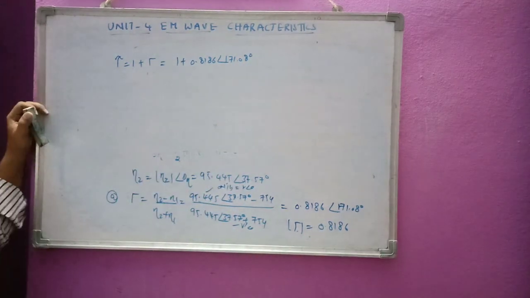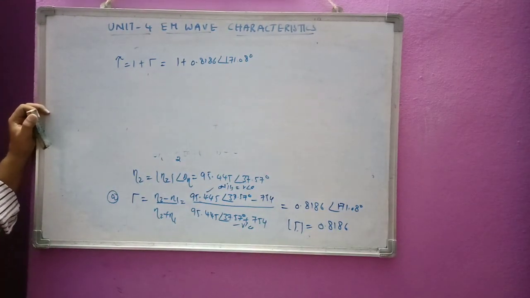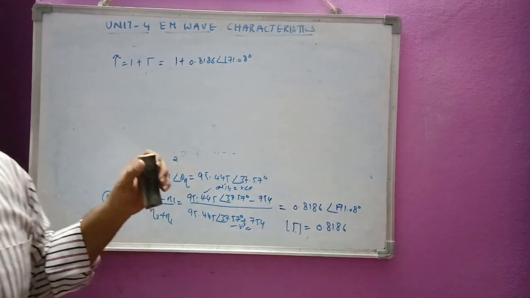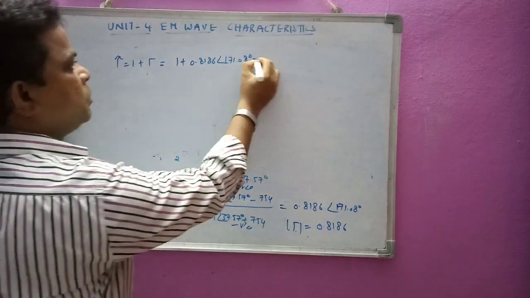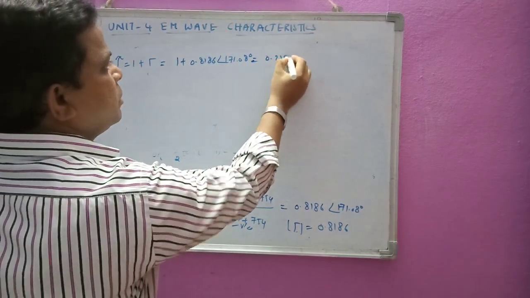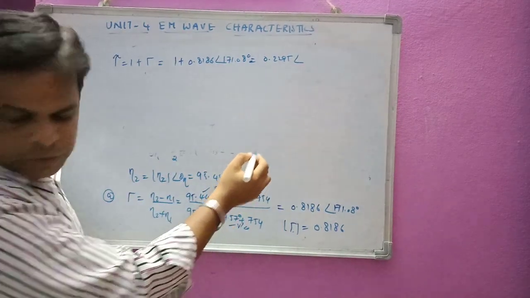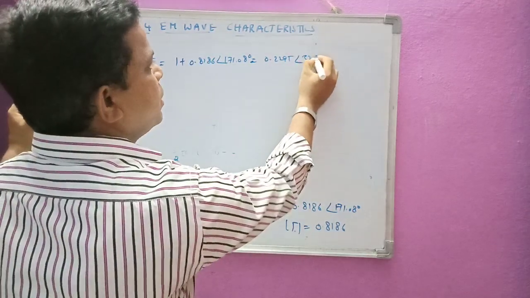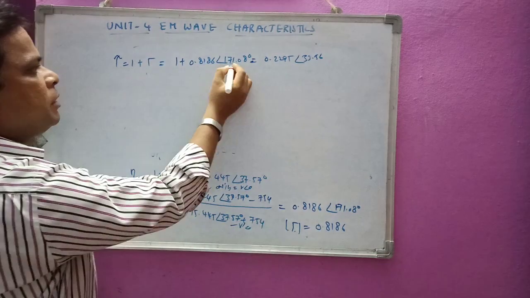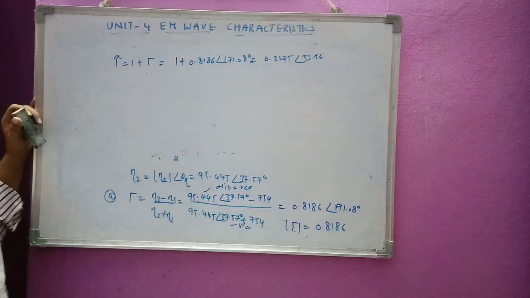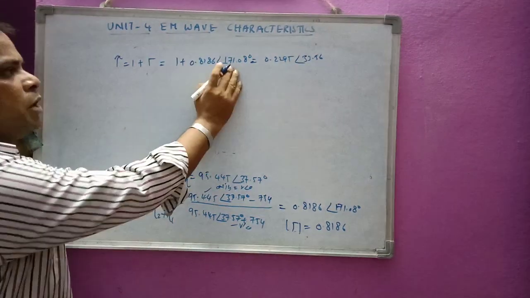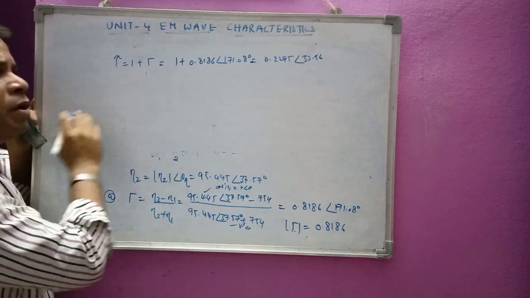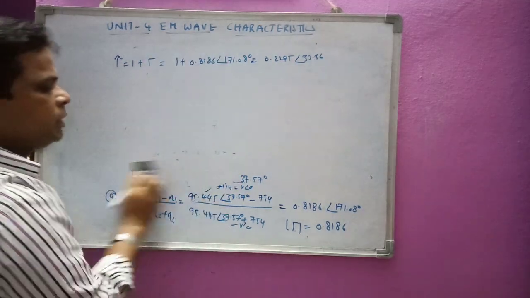Okay, so after doing this calculation we will get here as 0.2295, you can calculate by using a calculator, at an angle of 33.56. Okay, you change your calculator's a plus ib form again to the polar form. So every time you have to do the calculations, x plus iy form again to the polar form. Okay, that is r theta form.